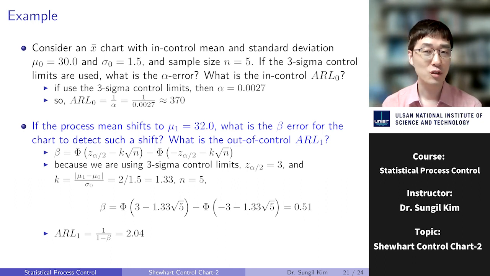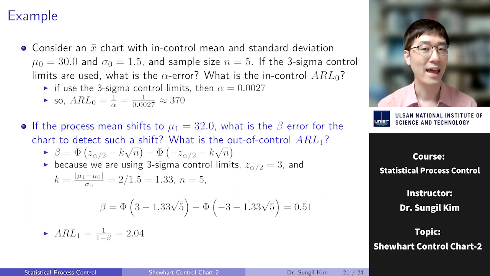If the process mean shifts to mu1, 32, then what is the beta error for the chart to detect such a shift? What is the out of control ARL, ARL1?